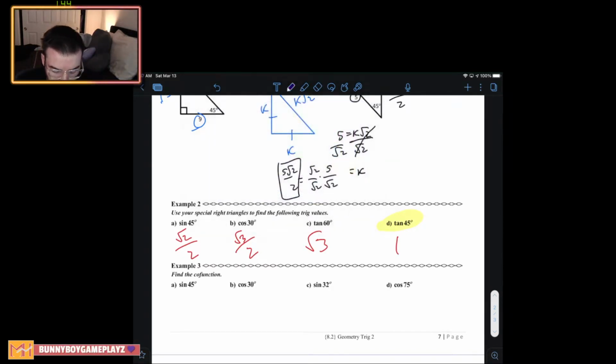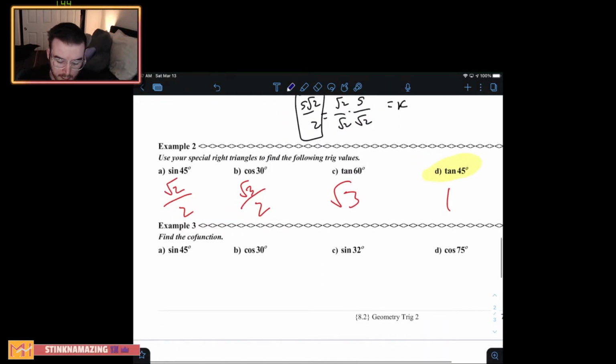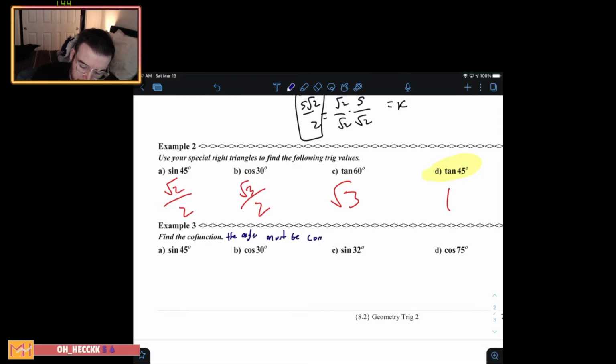And then let's end it here. Find the cofunction. As I said, the angles must be complementary in order to be cofunctions. So sine of 45 degrees is equal to cosine of 45 degrees because 45 plus 45 is 90.